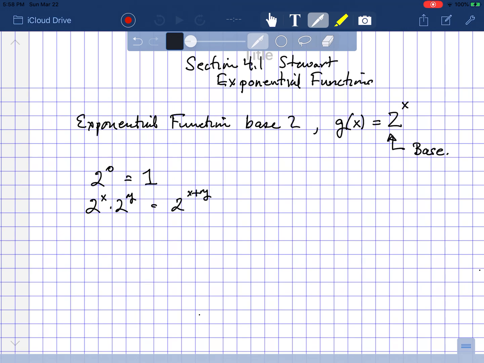And the other property is that 2 raised to the x power, all raised to the y power, is equal to what? 2 to the x times y power. All right, so these are all properties of exponentials base 2.